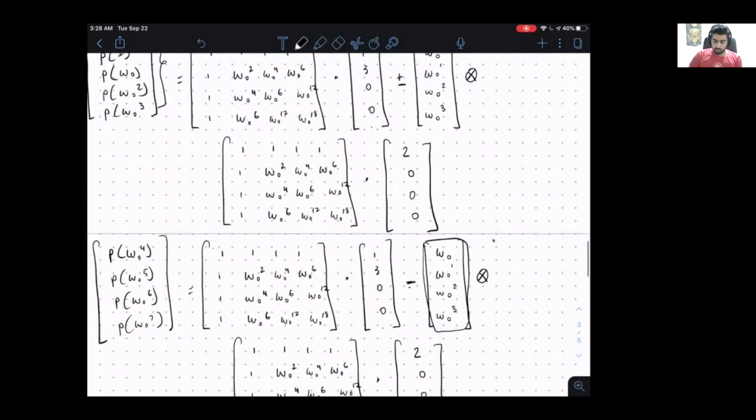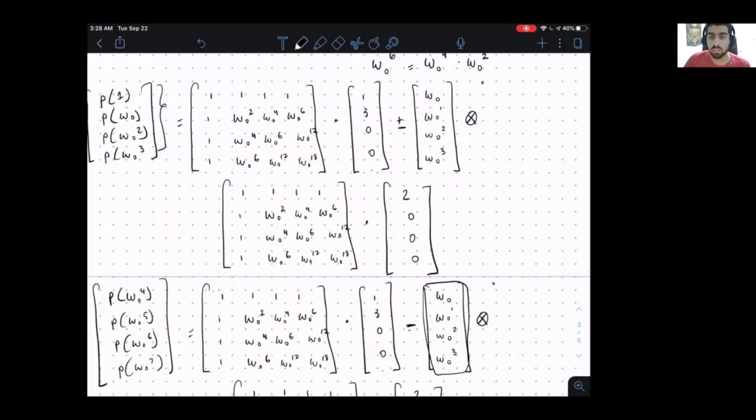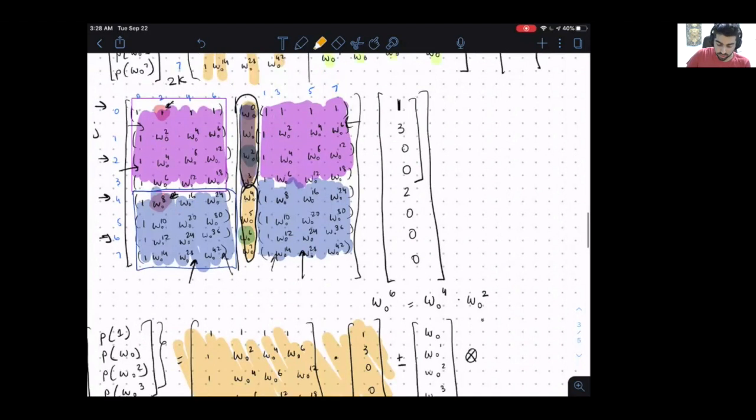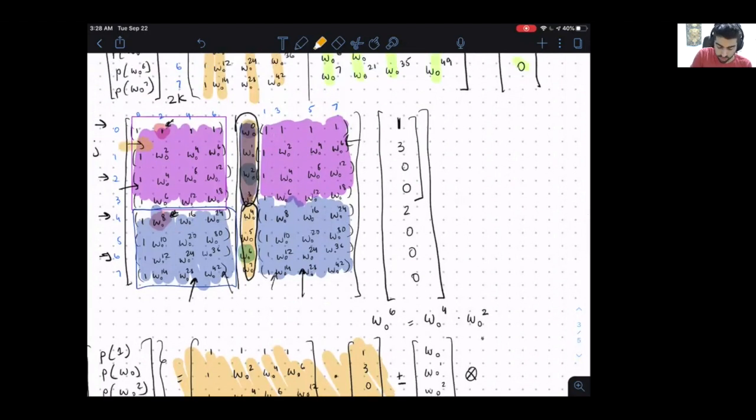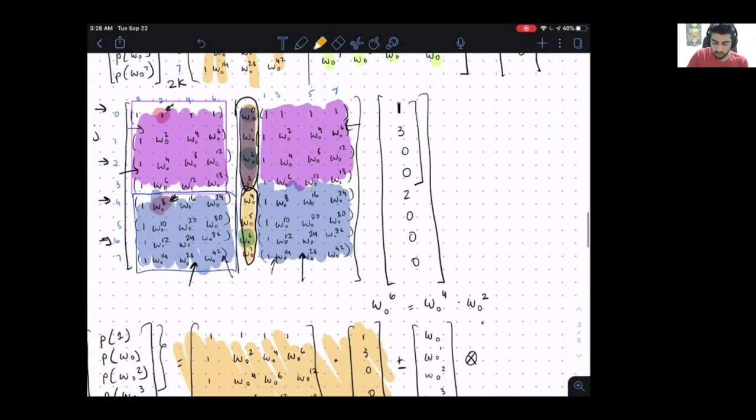Okay, so I'm going to highlight the subproblems that we actually need to compute, and all the other subproblems are just copies of these two subproblems. So we need to compute this for sure, which is the product of our building block matrix, this pink matrix over here, with the top half of our coefficients vector.